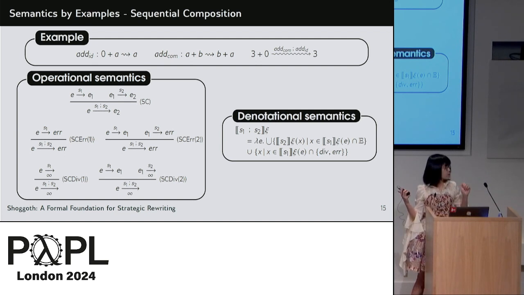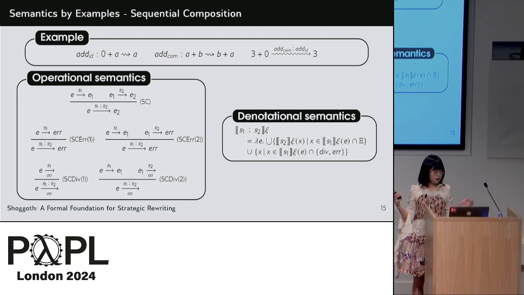So here's an example of the sequential composition. The operational model can be either successfully executed if both S1 and S2 lead to successful execution, or it can go wrong if either of them goes wrong, or it can diverge. And the denotational semantics is more concise, and it basically expresses the same thing.